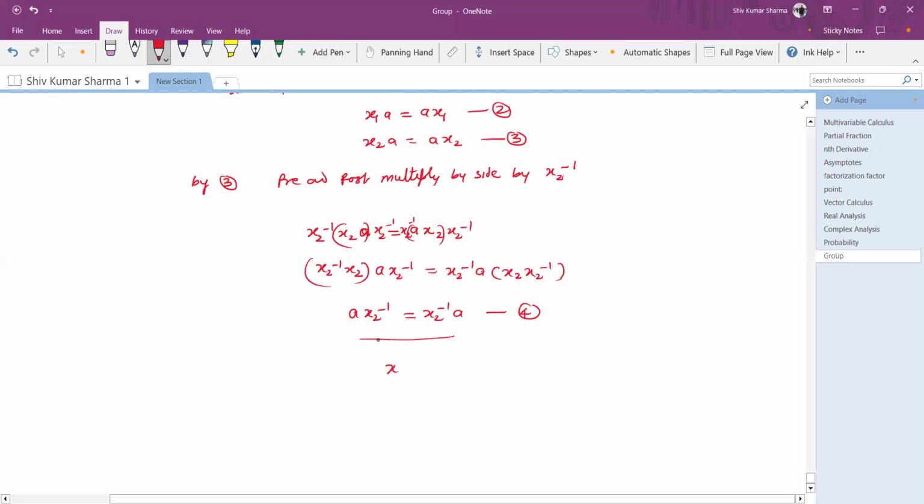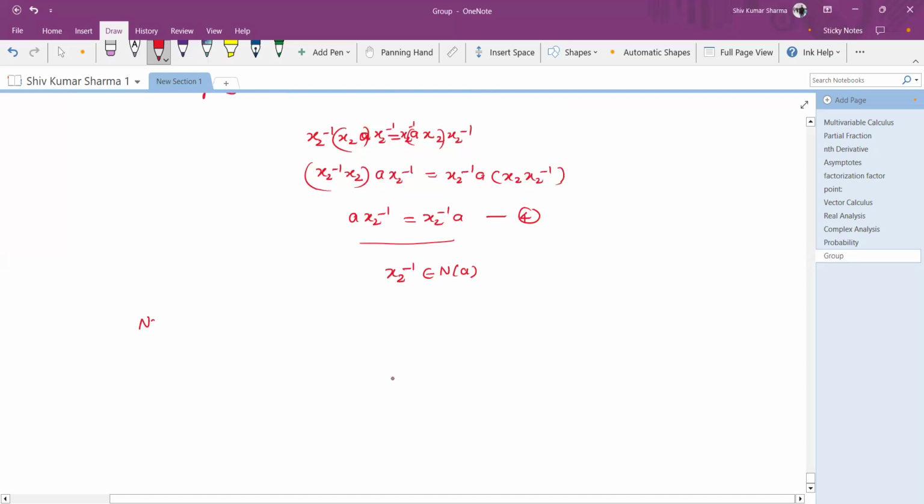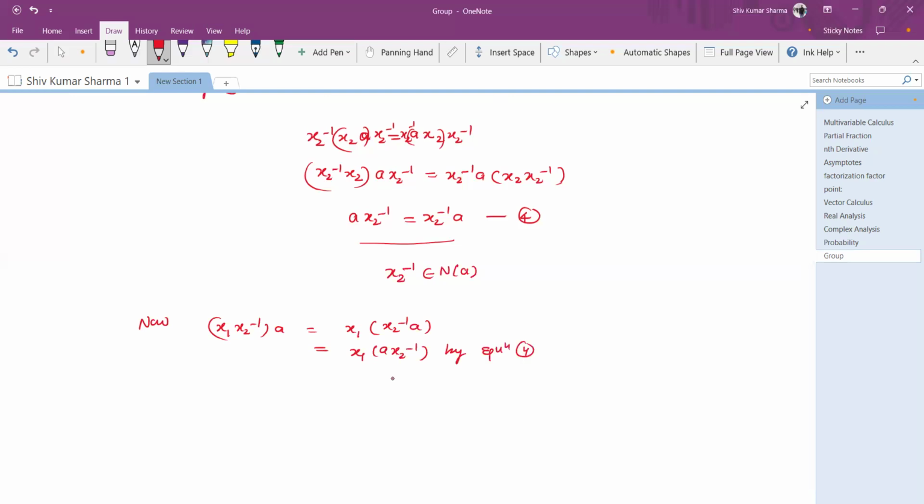So here we can say that x2 inverse is also an element of the normalizer of A. Now we write x1 into x2 inverse into A, which is equal to x1 into A into x2 inverse by using equation number 4.